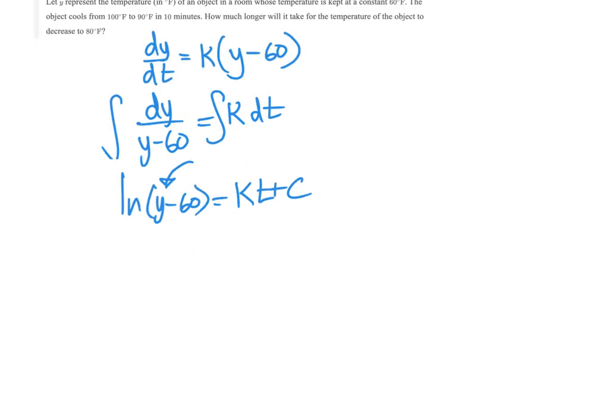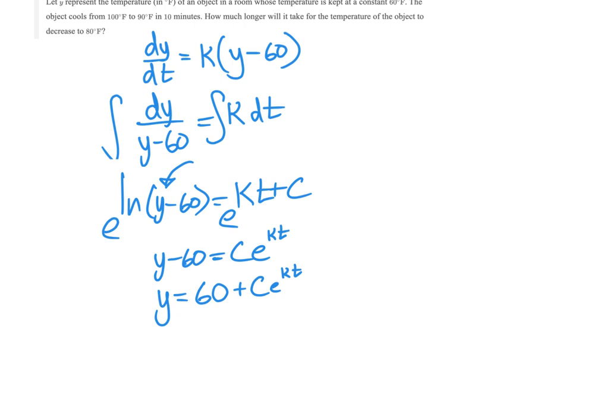Now, using exponential, we're going to raise both sides to e. That's going to give us y minus 60 equals c e to the kt. Similar to what we did when we proved this theorem. And then we add 60 to both sides. So y equals 60 plus c e to the kt.